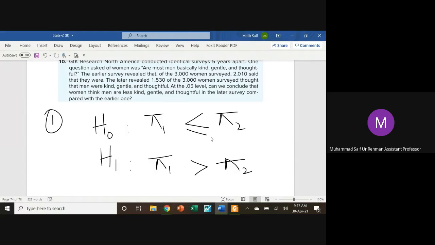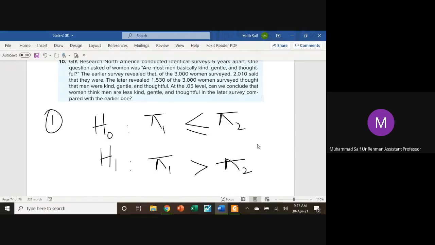Okay. Why? Simple. Can we conclude that women think men are less kind, gentle and thoughtful in the later survey? In the later survey, they are less kind. So this is the later survey, and in the later survey, they are less kind if you are going to put this notation.